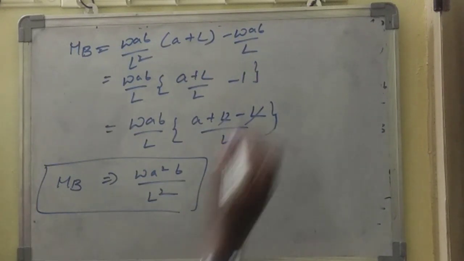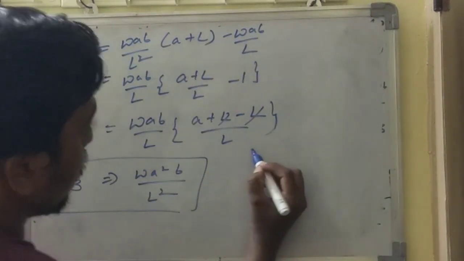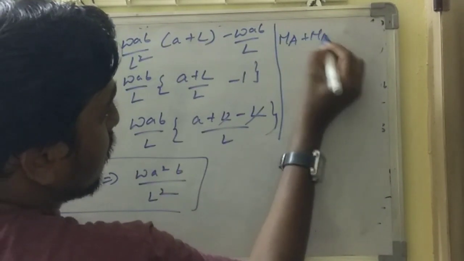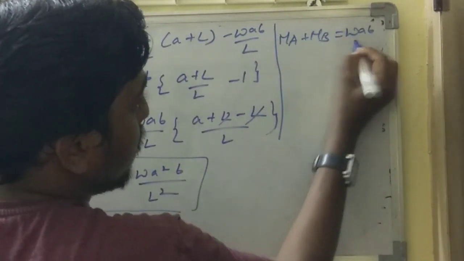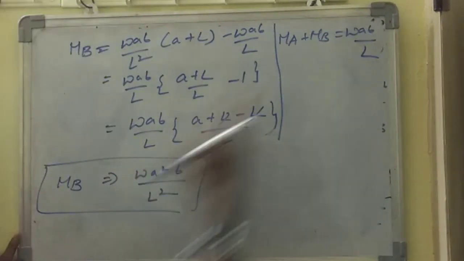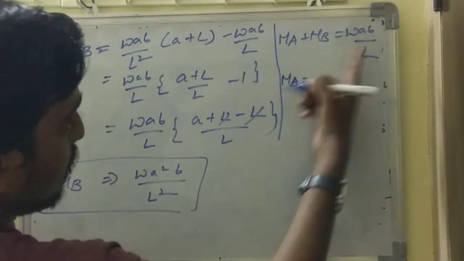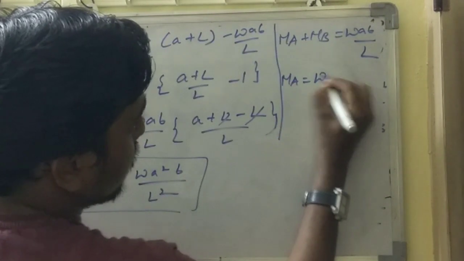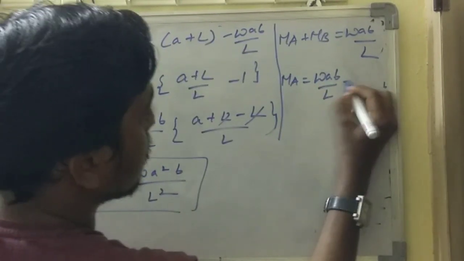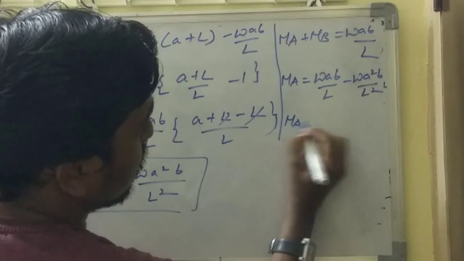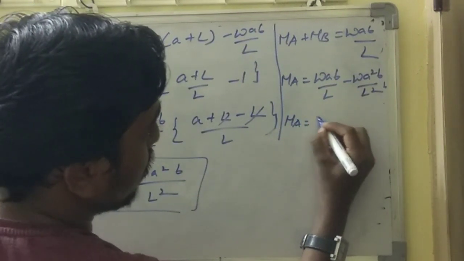So similarly here, already we know from equation 1, MA + MB equal to WAB/L. So substitute MB value here. MA equal to WAB/L, and sending this one outside, WAB/L minus WA²B/L². Again here take this WAB/L common.